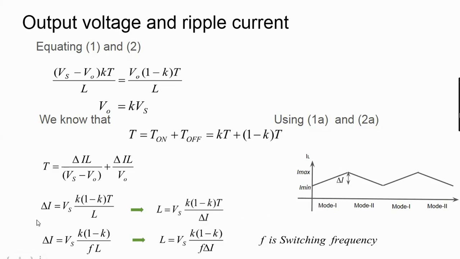From this, we have the expressions for ripple current del I as either this equation or this equation, which is a function of L, that is the inductance value, and the frequency.